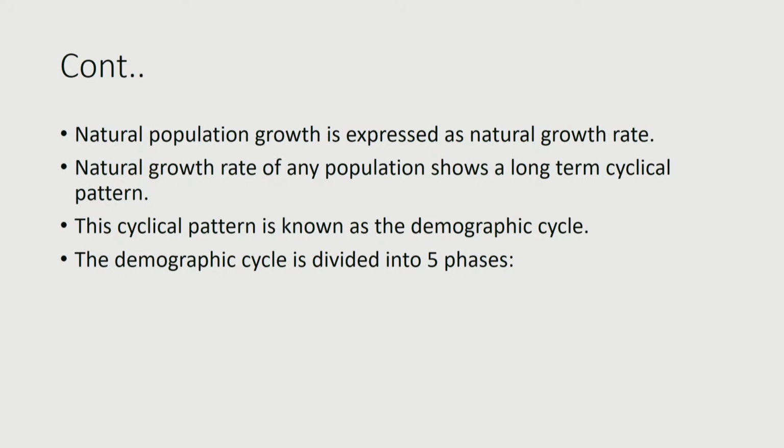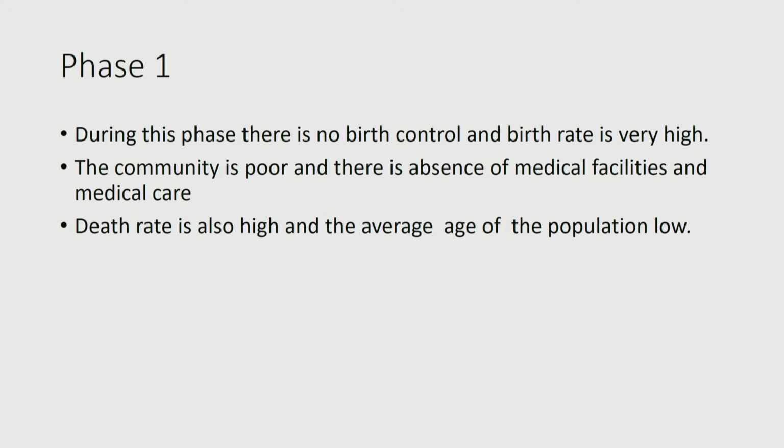Now, I want us to quickly look at the first phase of the demographic cycle. During this phase, there is no birth control and the birth rate is very high. People are not using birth control, and as a result there is a high rate of people giving birth to children.